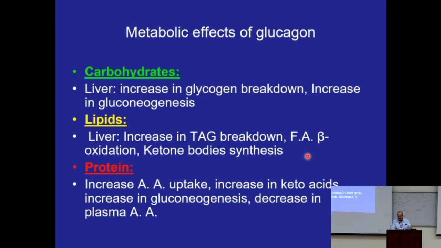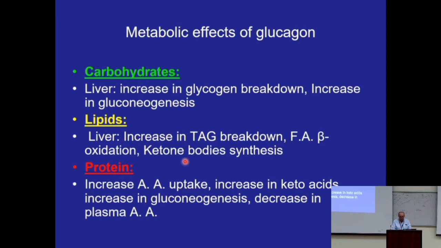So fatty acids are going to be used as a source of energy instead of glucose in the liver, in other tissues, in the muscle, in the heart, in many tissues that can use fatty acids, but not in the brain and not in red blood cells. Okay? These two organ and cells still need glucose as their major source of energy.